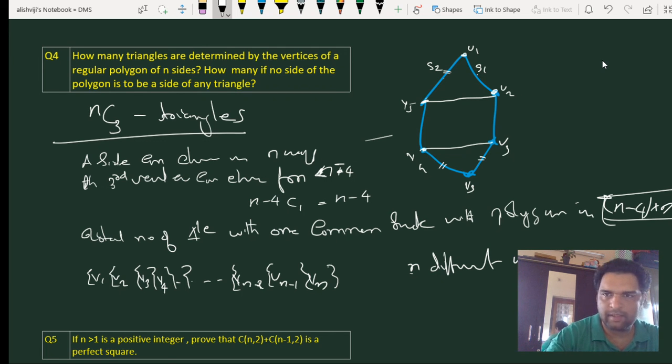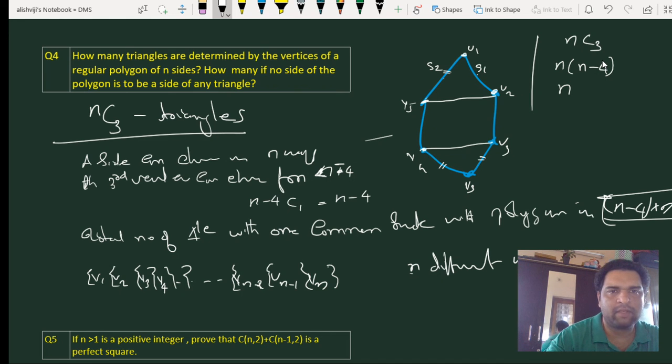So in total we can have nC3 triangles, out of which n into n minus 4 is the number of triangles which have one edge common to the given polygon, and there are n different triangles which have two sides common with the given polygon.